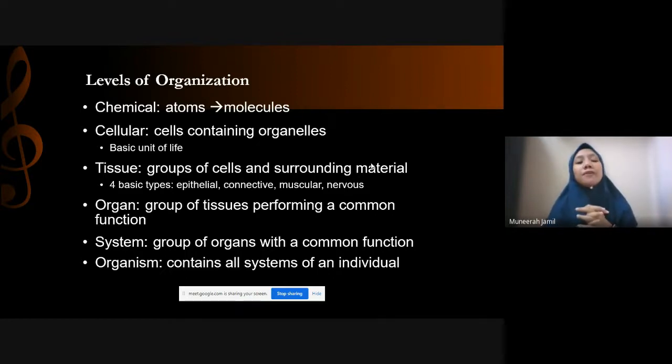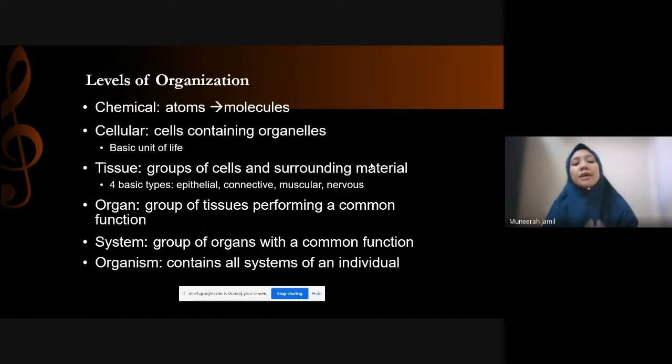And then we have a group of cells that form a tissue. Okay, so for tissue itself, we have four types: epithelial tissue, connective tissue, muscular tissue, and also nervous tissue. Right, and then a combination of types of tissues will form an organ.